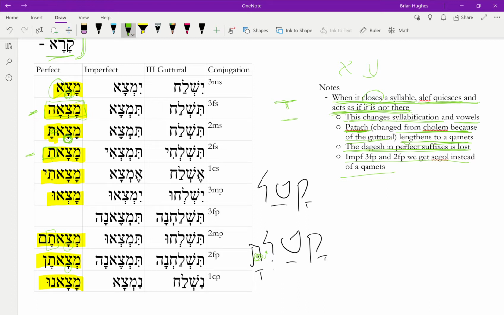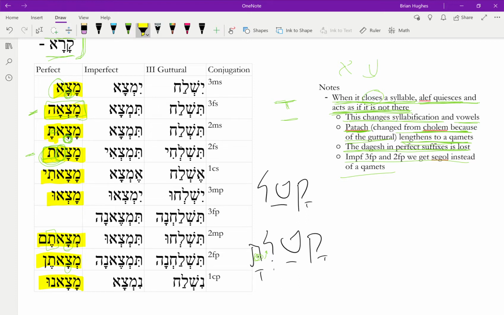And the second feminine singular, figuring out this tav ending is supposed to be the tav with the shava under it. Those are probably the most difficult out of these. Just remember that aleph is quiescing, and that's why it's different. Being able to articulate what is different and why is it different is very helpful.